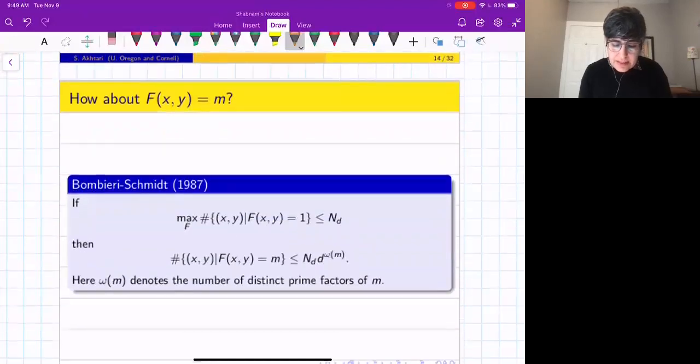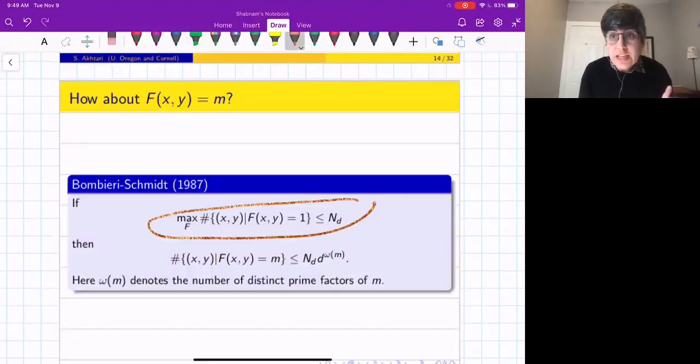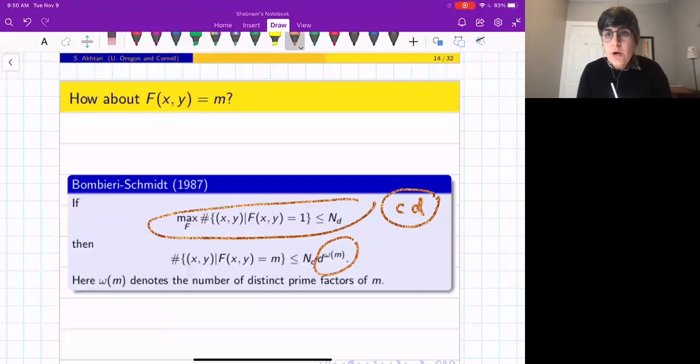And they also extended the result to say, what if instead of f equal to 1, I was looking at f equal to m? They said, okay, if you have a good upper bound for that, which they did, c times d, you could take your upper bound and multiply it by the degree to the power omega of m, where omega of m counts the number of prime factors of m without multiplicity.